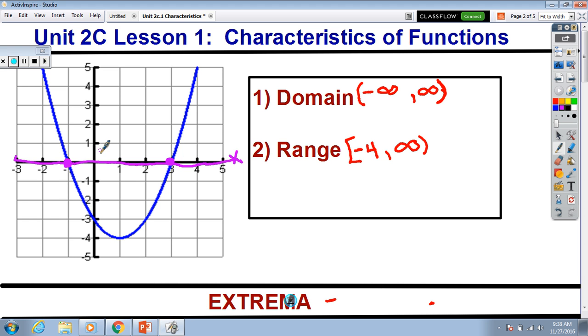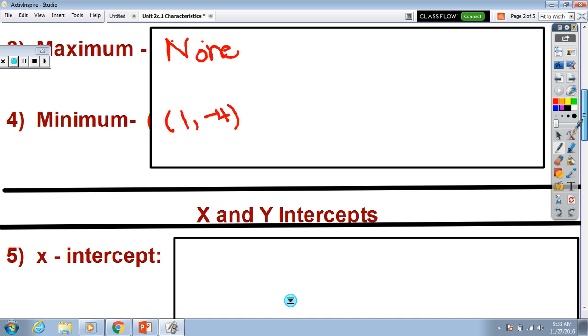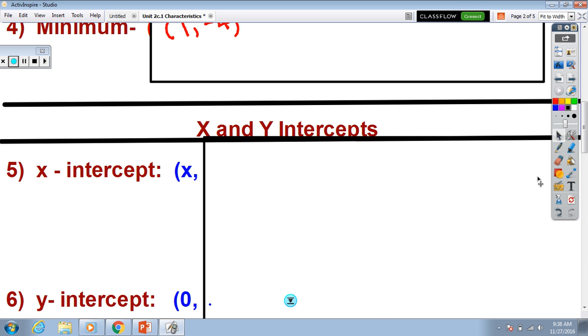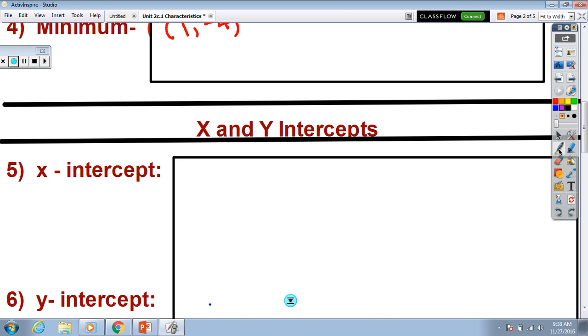So what is the x value at this point? -1. So when I write this point, x gets the number, which is -1. And then the other one will be a 0. Alright, so x gets the number, -1, and the other one will be a 0.